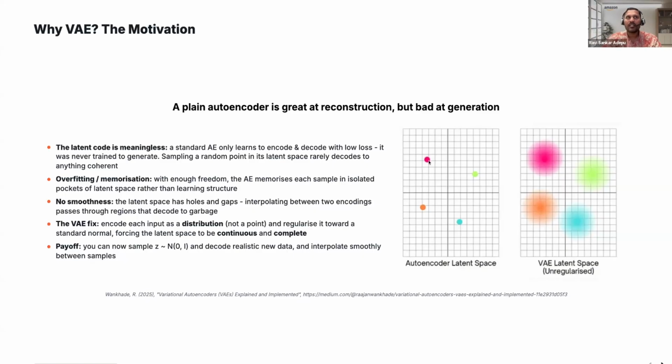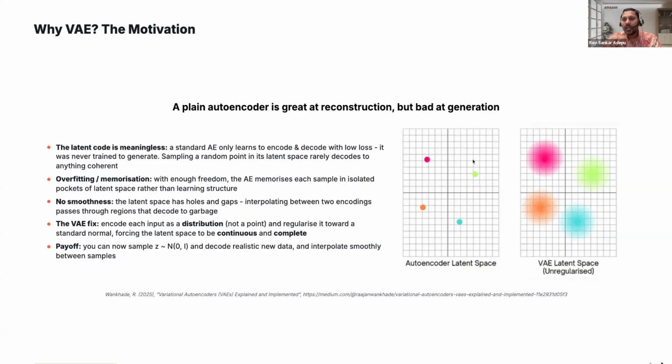When you pass an input to the encoder, it gives you a static representation. Let's say this is the cat image that you currently have, and the decoder has never seen any perturbed variation of this particular latent representation to generate a different kind of cat. So that's one foundational limitation.